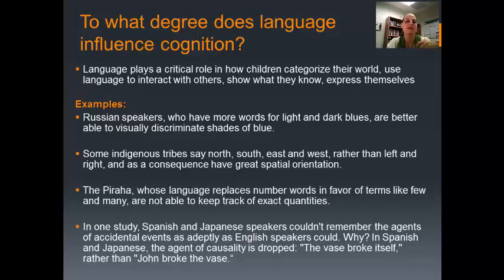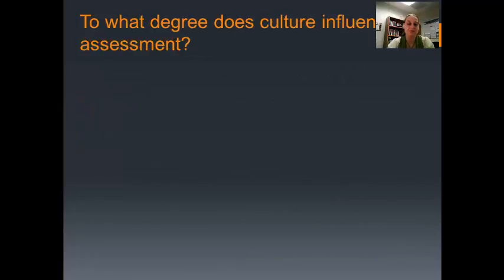Where it's the vase broke itself, rather than saying, John broke the vase. And so here, because you're removing the agent or the subject who is the person who has broken the vase, right, they are less able to remember the agents causing accidental events. Okay, so again, hopefully you can see from those examples, and obviously the last one, that these are really to show you how language and culture affect cognition.